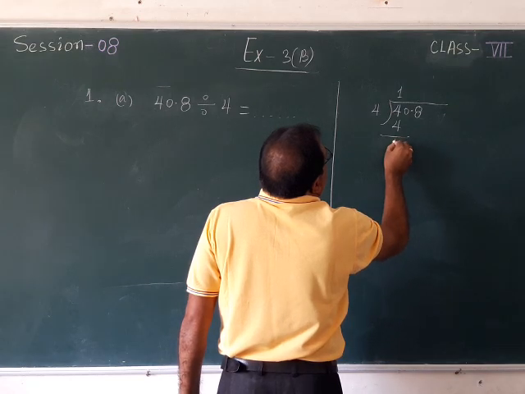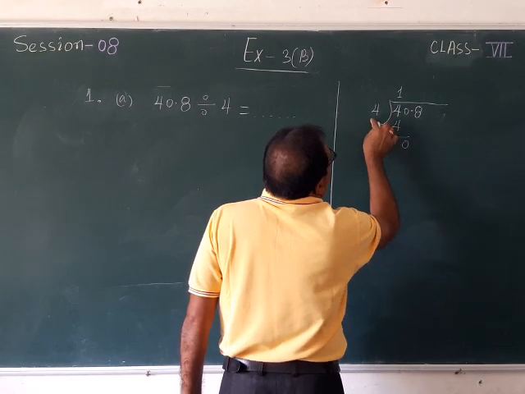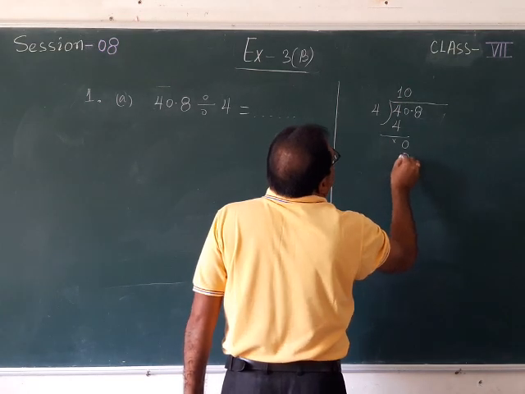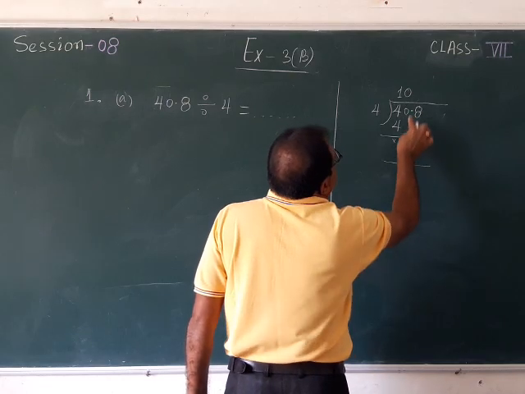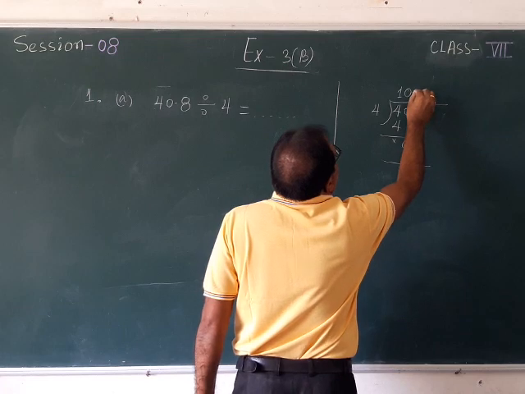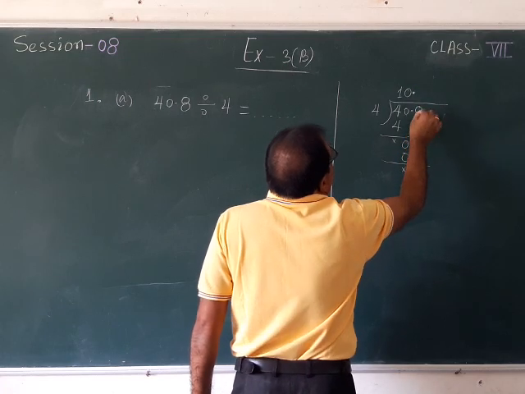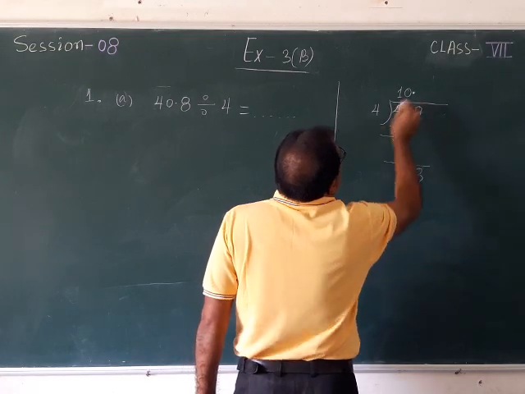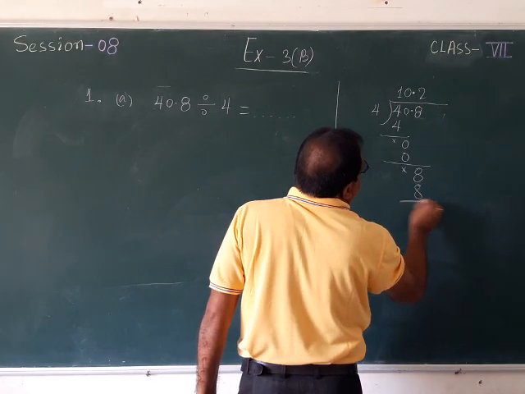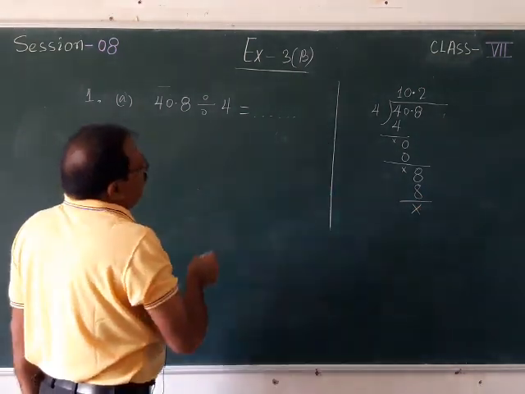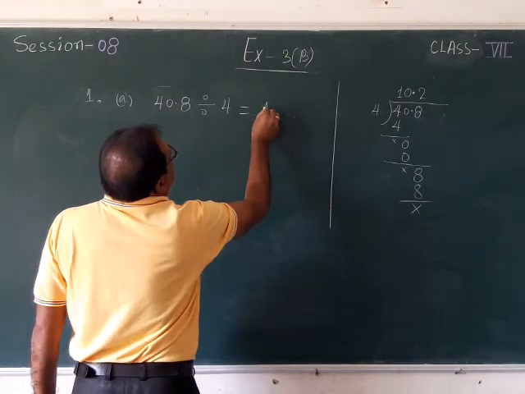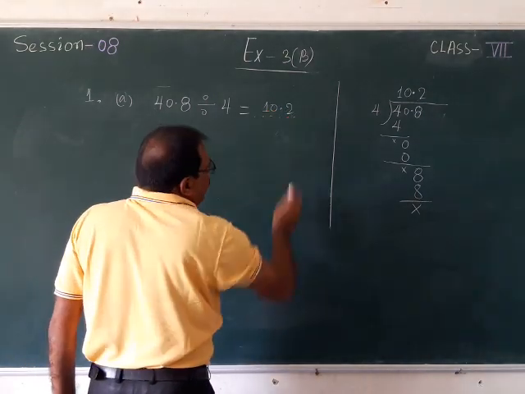Then 0 comes, so 4 zeros are 0. Write 0 here. Now the point will not come down, the point goes to the quotient part. Now 8 comes here. 4 twos are 8 and this division is over. That means your answer is 10.2. So you can write here 10.2.